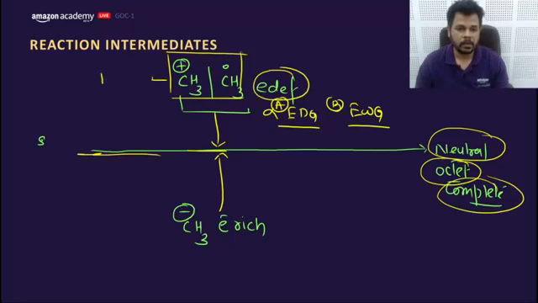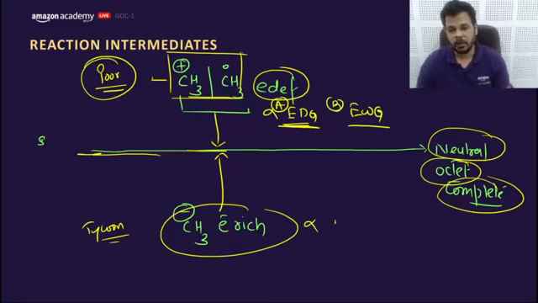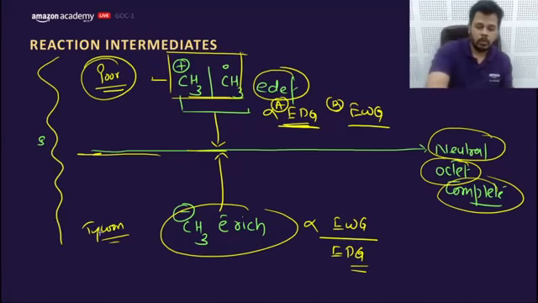This is like a poor person, and this is like rich tycoons, like the Ambanis. That means an electron donating group will stabilize the carbocation and carbon free radical, and vice versa. That means a carbanion is stabilized by electron withdrawing groups, and inversely proportional to electron donating groups.